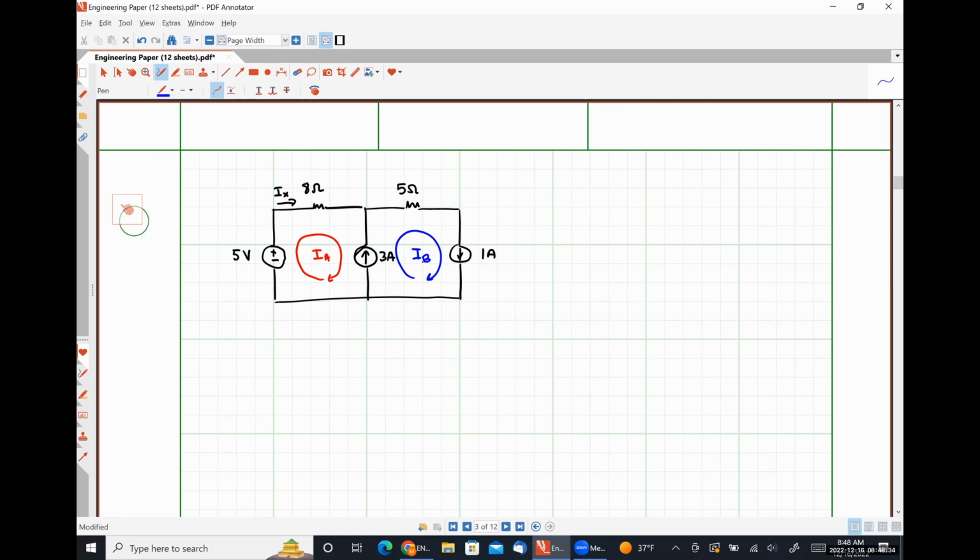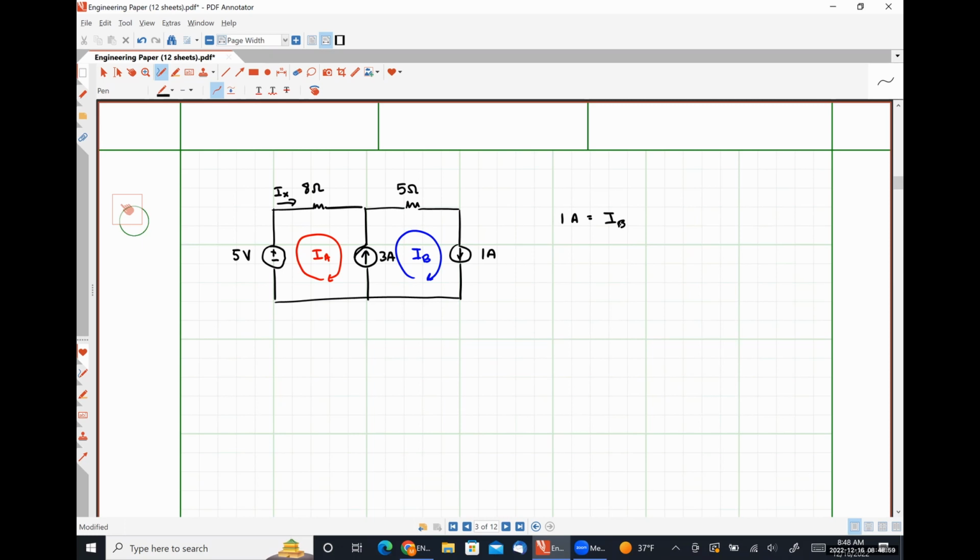So now we can move along just to our current relationships, right? So what are our current relationship equations going to look like? So IB, I'm going to write it the other way around, just not to be argumentative, but I usually write the current provided by the source is equal to some combination of mesh current.